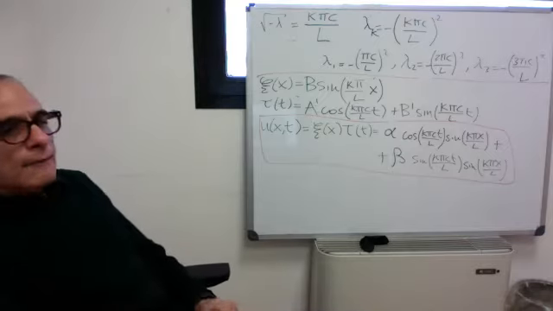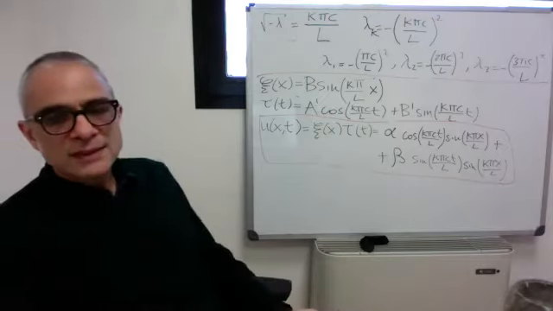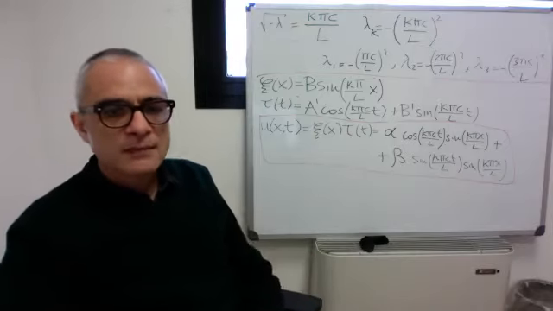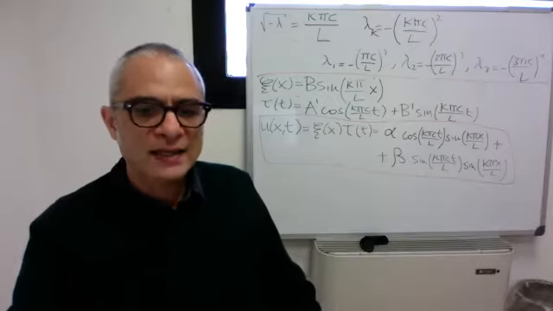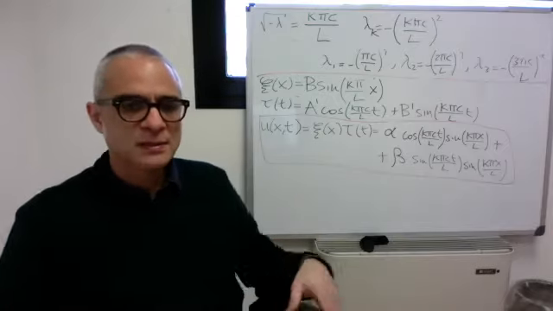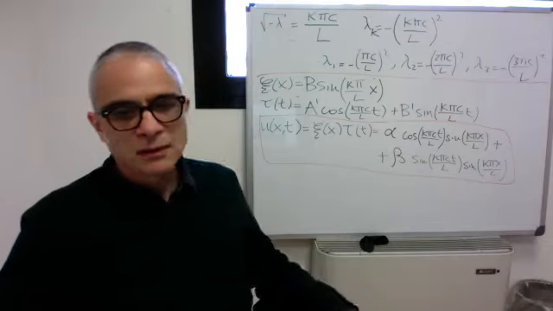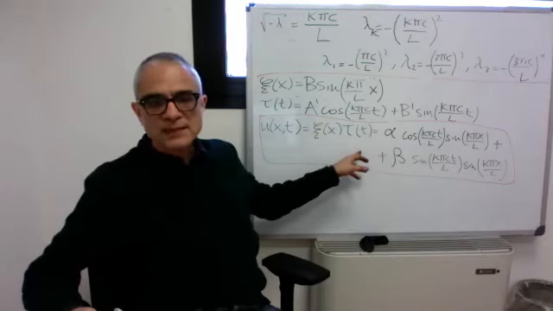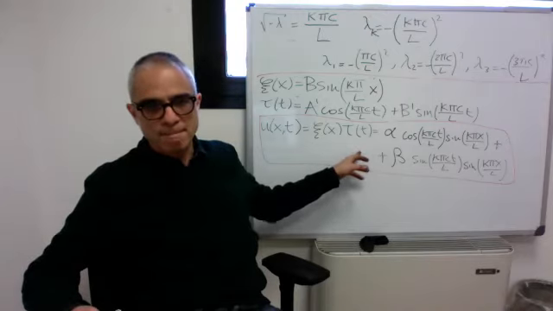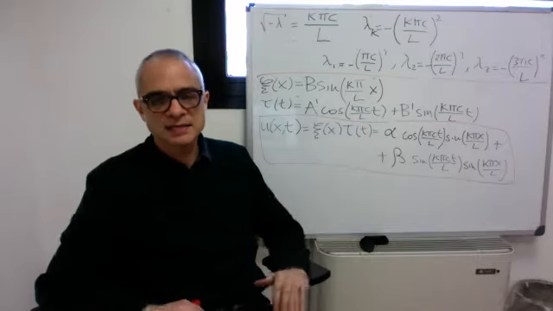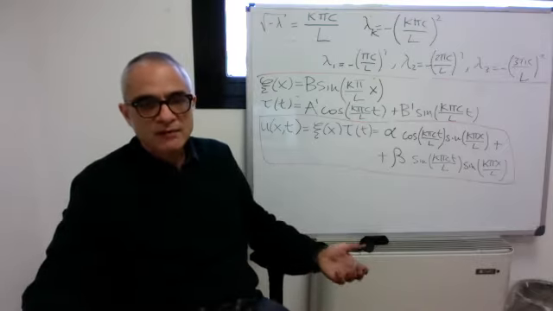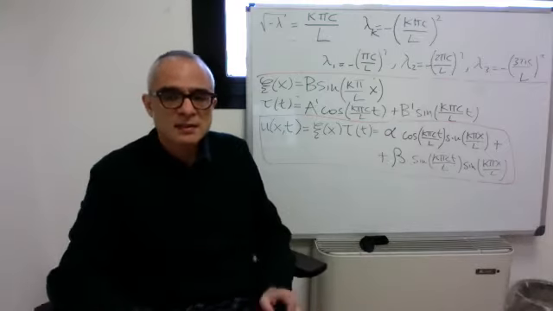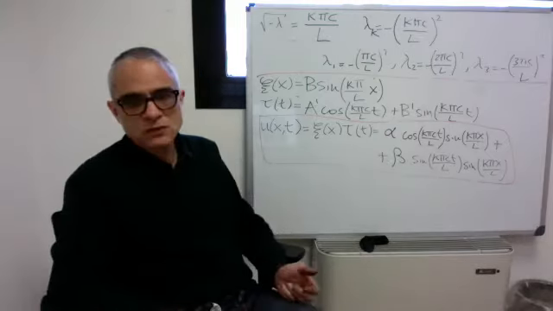Well, what we've learned so far is that on an elastic string of finite length with fixed endpoints, whatever displacement has to be described by this formula. The string can stay still if both alpha and beta are 0. This is verified and the string is not moving, and that's a perfectly valid solution for the problem.